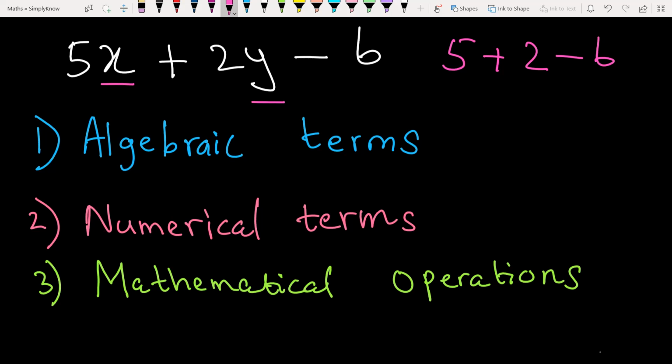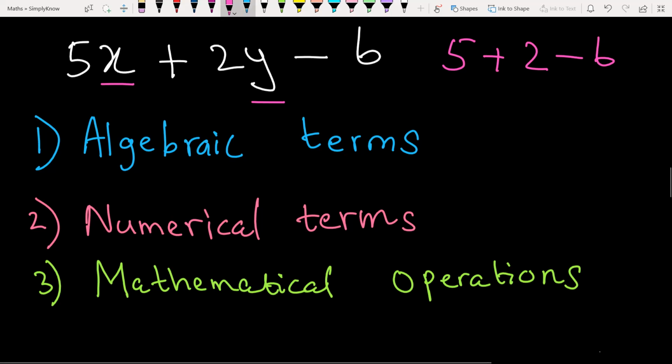Here, 5x and 2y are algebraic terms. Somehow, algebraic expressions contain numerical terms as well. That means numbers. Here we have 6. So, let's summarize. Algebraic expressions are the expressions that contain algebraic terms.